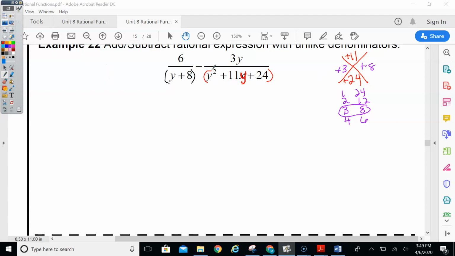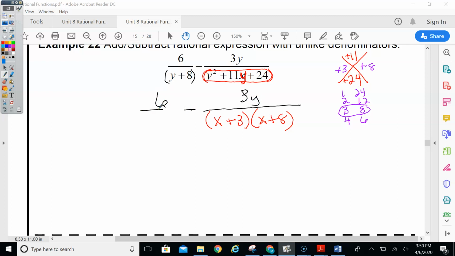So for this part, we're actually going to write this one as y plus 3, y plus 8. And it stays over 3y minus 6 over y plus 8. Now you ask yourself, what does this one have that this one doesn't?